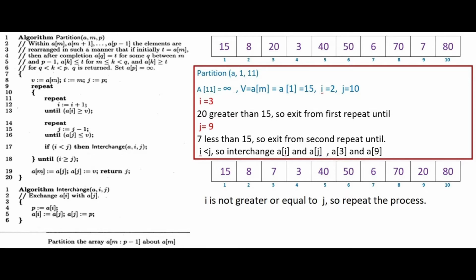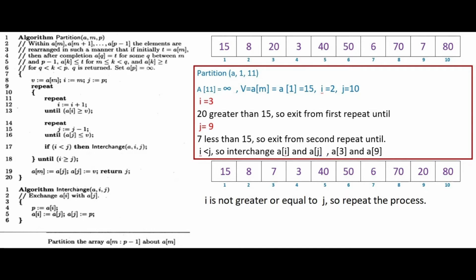Okay, now we select two elements. The largest element than the key element from left side, that is 20, A of 3, and the smallest element than the key element from right side, that is A of 9, 7.